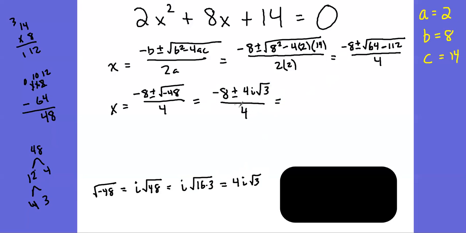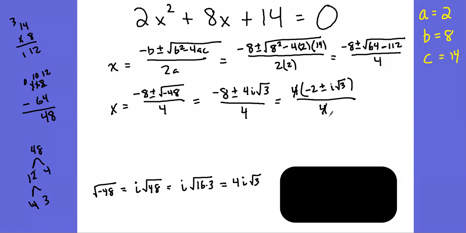I can simplify this a bit. Let's pull out a 4 from this numerator. Let's factor out our 4, and negative 8 divided by 4 would be negative 2. 4i root 3 divided by 4 would just be i root 3. Let's do a quick check. If we distribute this, 4 times negative 2 is negative 8. 4 times i root 3 is 4i root 3.